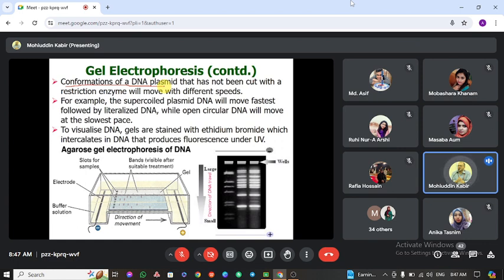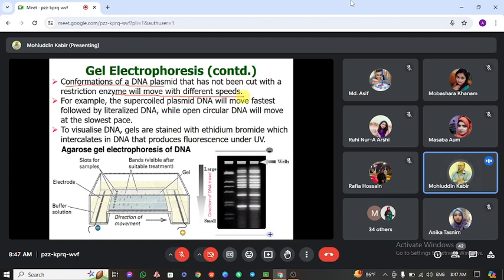The plasmid DNA is basically round, circular in shape. That circular conformation will move with different speed.